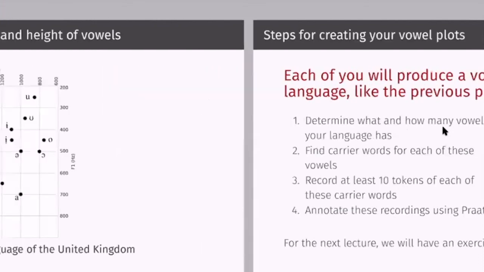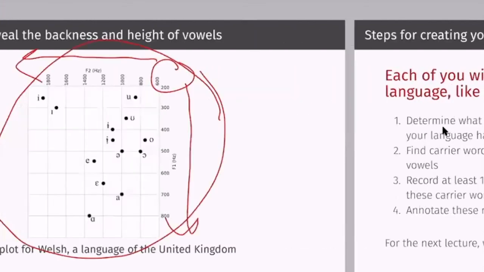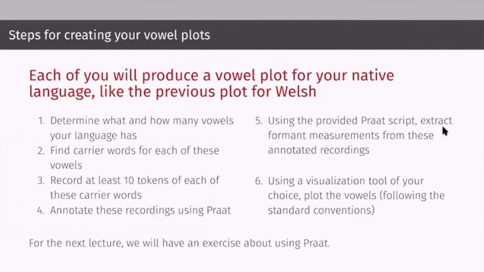Anyway, I think we're probably going to go over this in more detail, but for the carrier words, you carefully did a B at the beginning and a T at the end of all of them. That's not always possible. It's ideal to have all of the vowels in the same environment, so the same thing before and the same thing after. But that just doesn't work in languages, particularly languages that have long words.